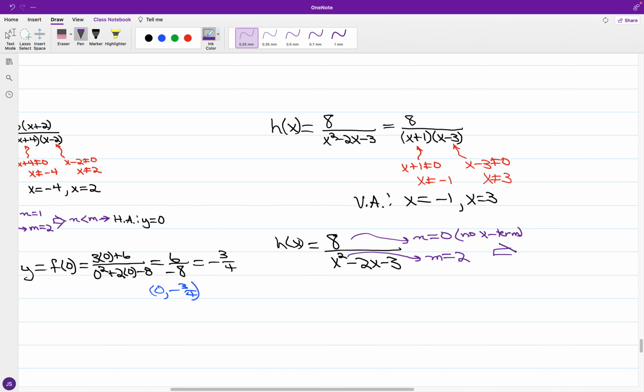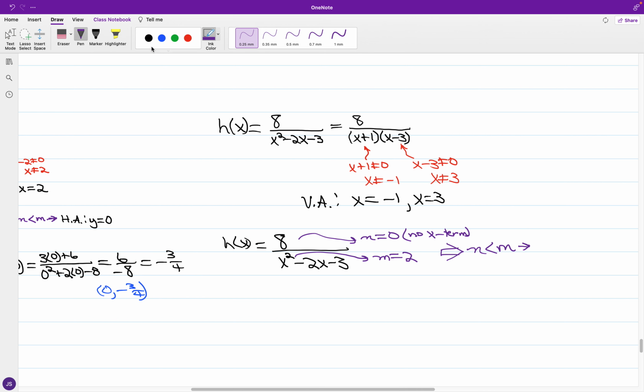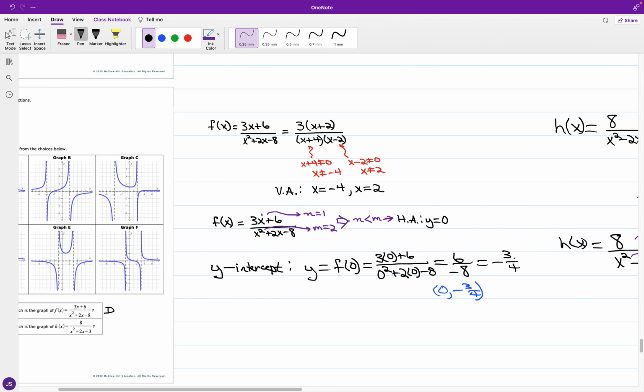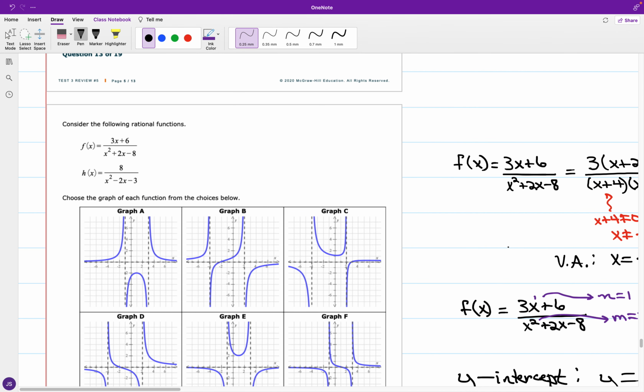And for how the values size up, n is less than m. So we have a horizontal asymptote, y is equal to 0. So you got 3 asymptotes: 2 vertical at x equal to negative 1 and x equal to 3, and a horizontal asymptote at y is equal to 0.